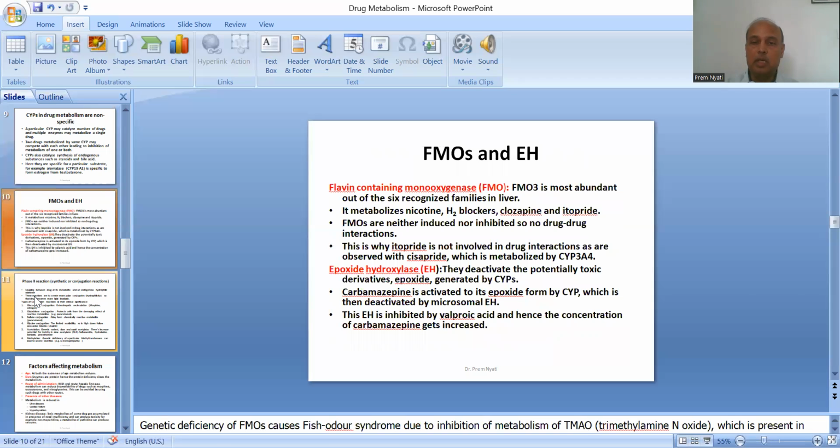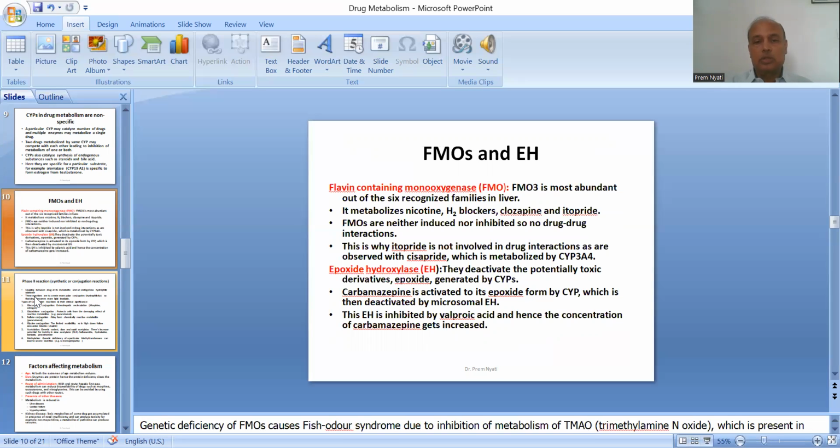FMOs are neither induced nor inhibited, so no drug-drug interaction. This is why itopride is not involved in drug interactions as are observed with cisapride, which is metabolized by CYP3A4.